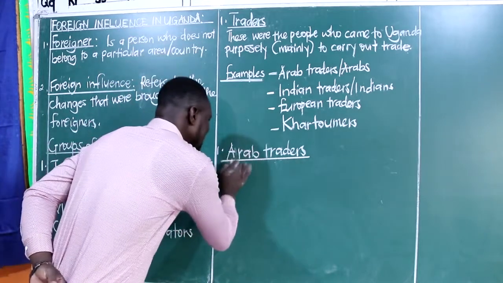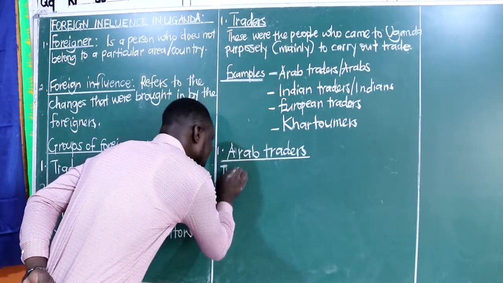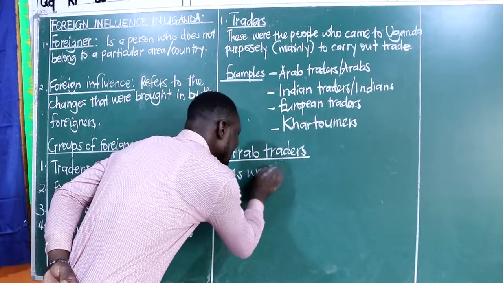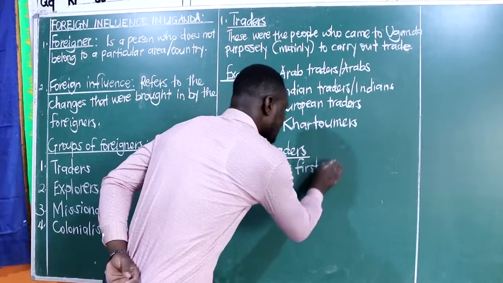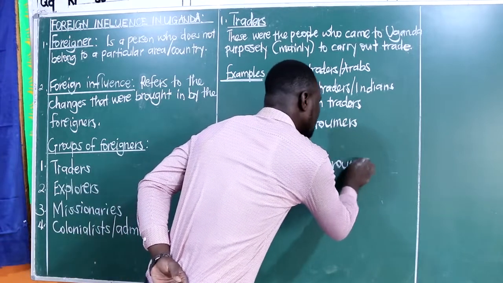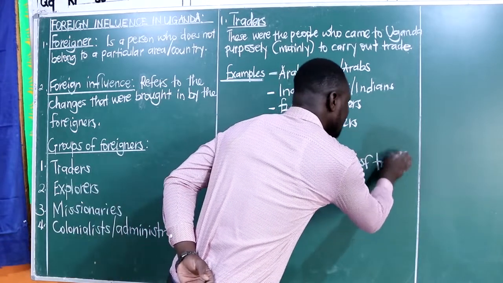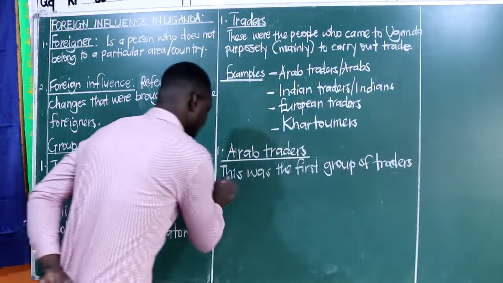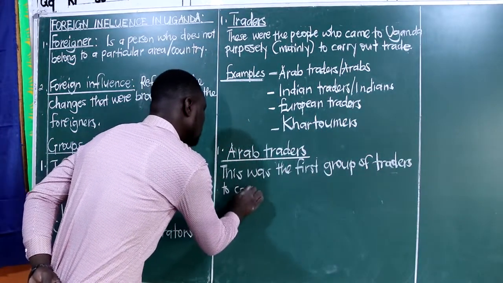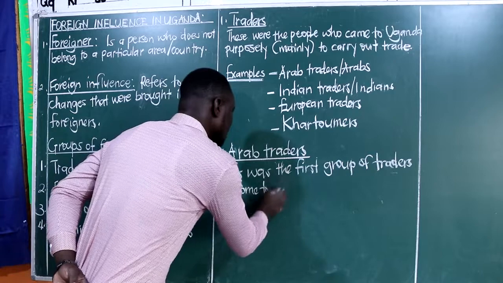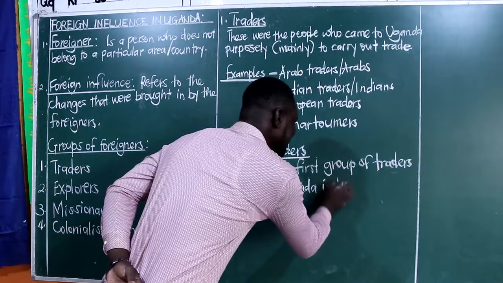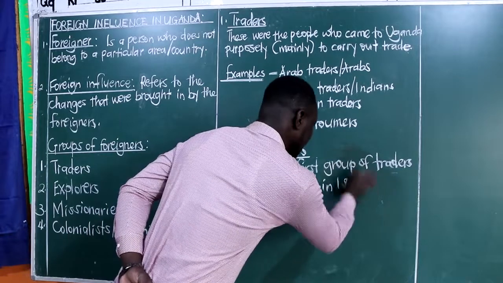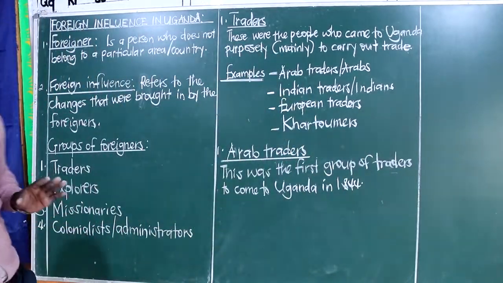So we are going to say that this was the first group of traders to come to Uganda. That is in 1844.